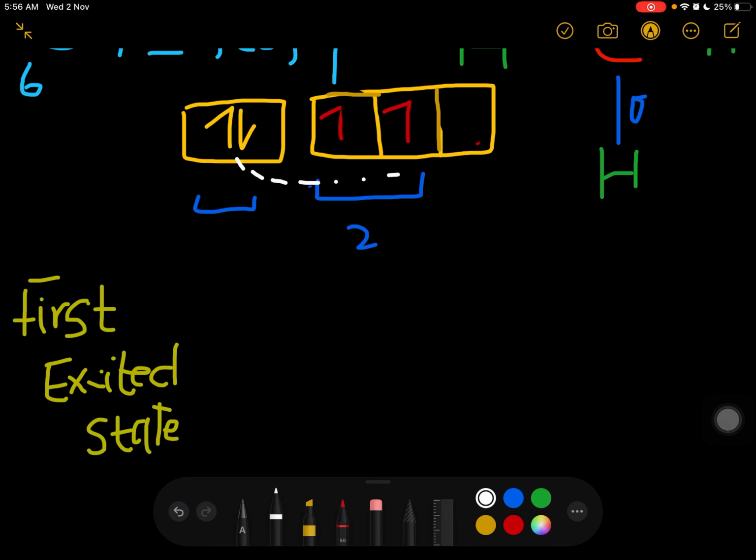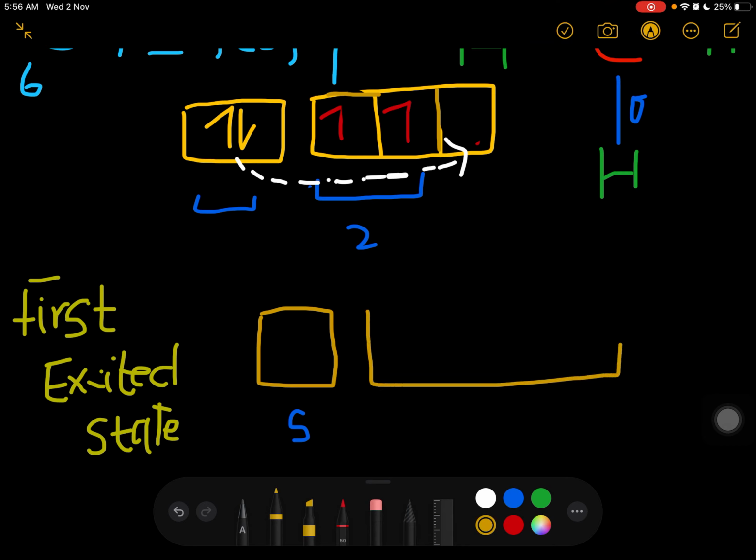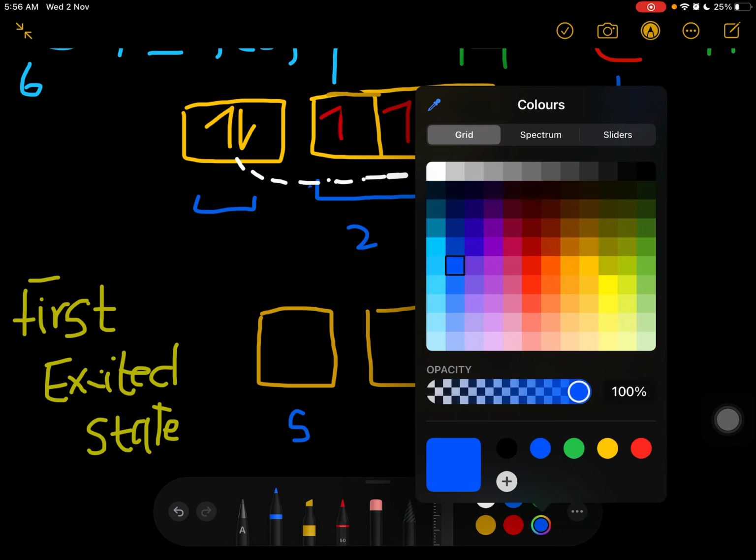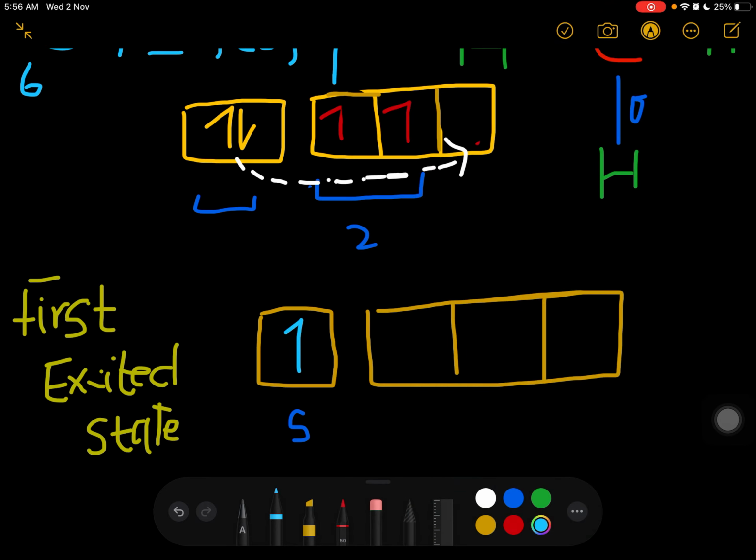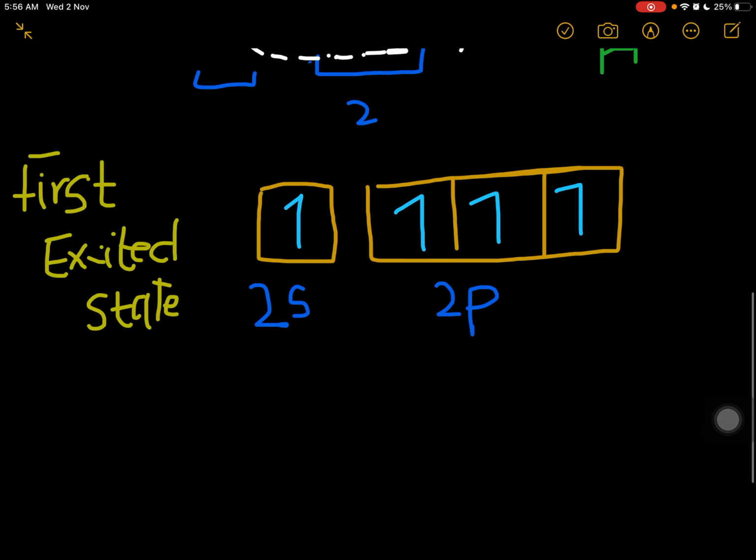One electron from the 2s will move to the empty 2p orbital. Now there is one electron in the s orbital and one electron each in the three 2p orbitals.